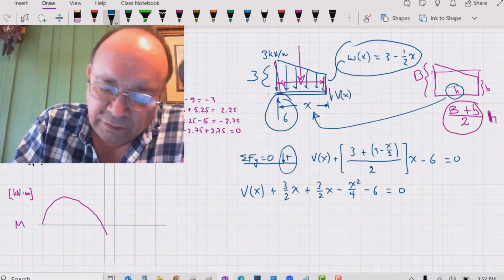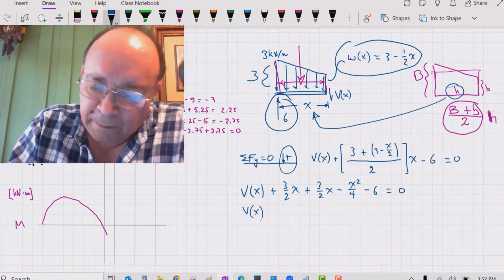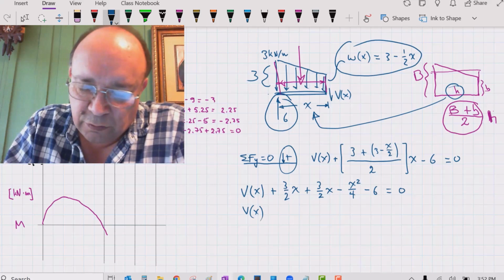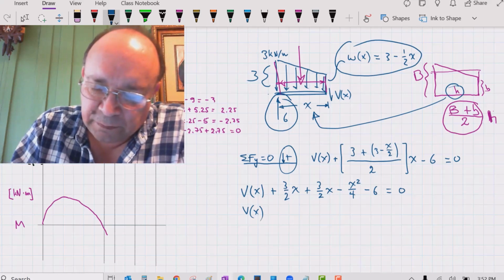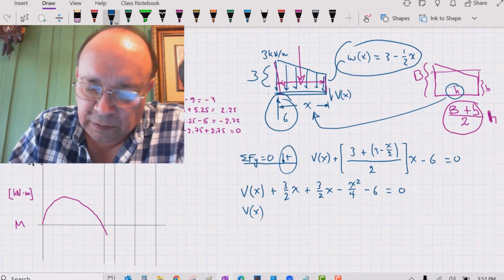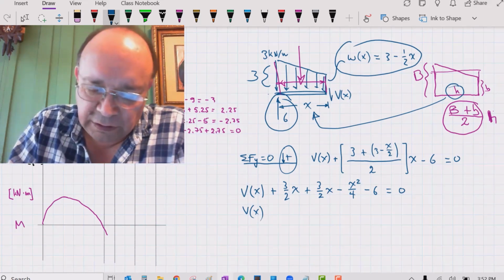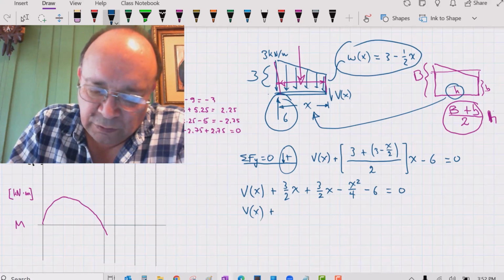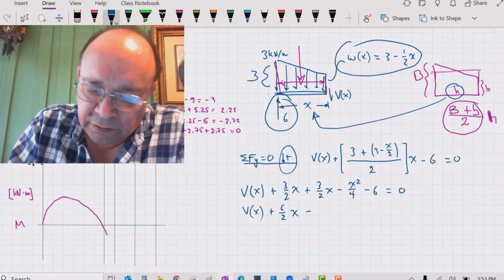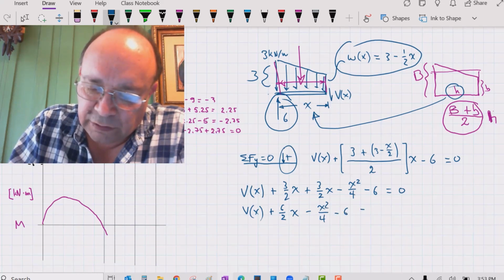So V of x, 3 over 2 plus 3 over 2, that will be 6 over 2, x minus x squared over 4 minus 6 equals 0.